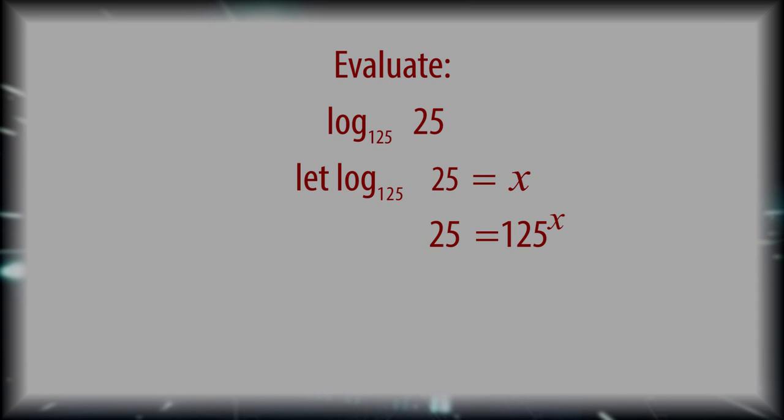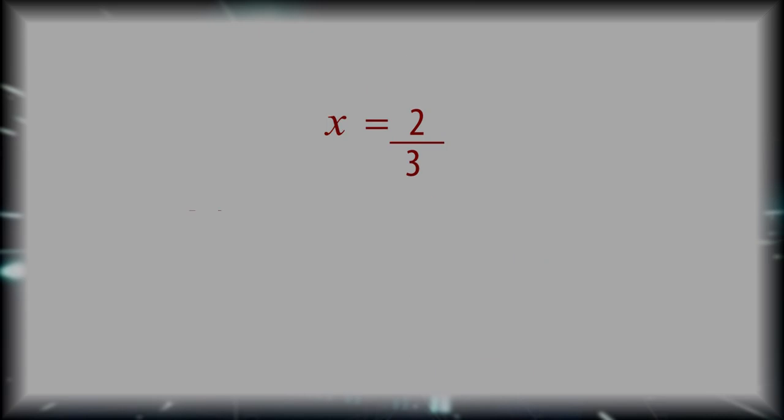Now to solve this, we have to write both sides to base 5. That gives us 5 raised to the power 2 on the left-hand side and 5 raised to the power 3x on the right-hand side. Now that both sides have the same base, we can very conveniently say 3x is equal to 2 and x is equal to 2 over 3. Therefore, the log base 125 of 25 is equal to 2 over 3.